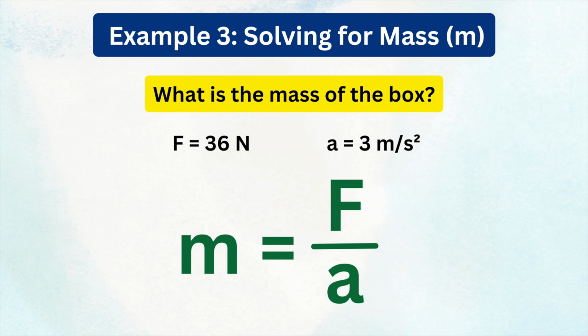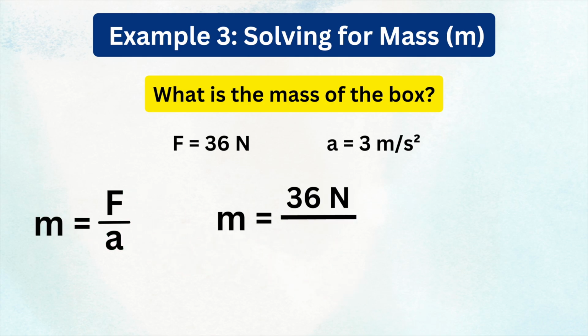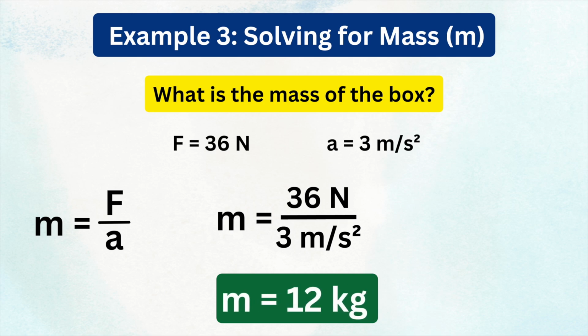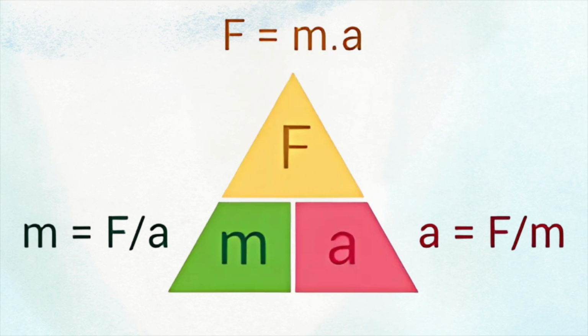Now, let's substitute the given quantities. We have 36 newtons divided by 3 meters per second squared. And so the mass of the object is 12 kilograms. These examples show how force, mass, and acceleration work together.